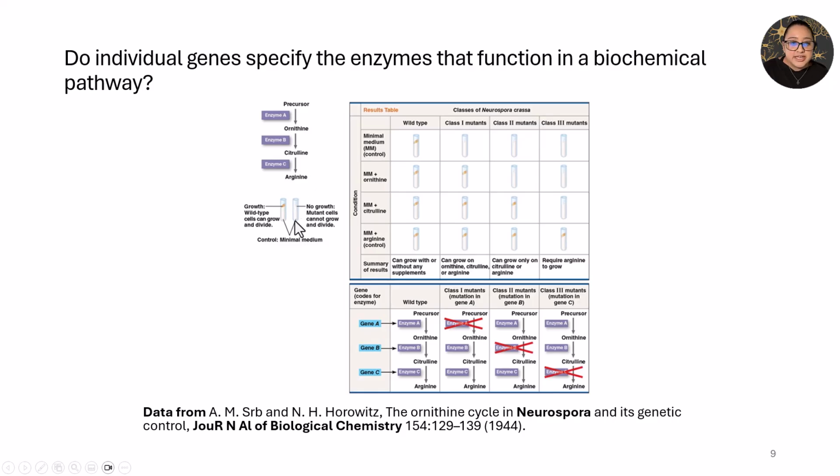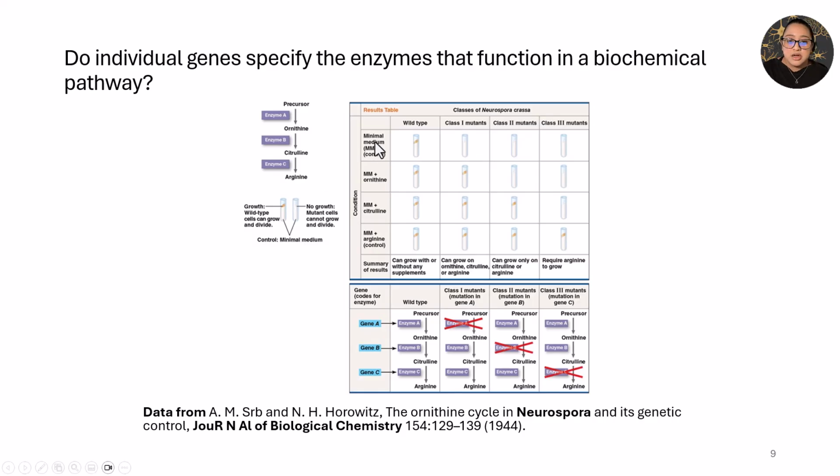And so again, in the control, there should be wild type normal bread mold growing on this minimal medium. If you grew that and it did grow, okay, this minimal medium is made fine. I expected it to grow, boom. But if you grow the mutant cells on this same minimal medium and now they can't grow, then something is wrong with the cells, not the medium.